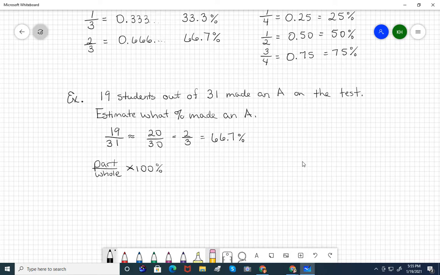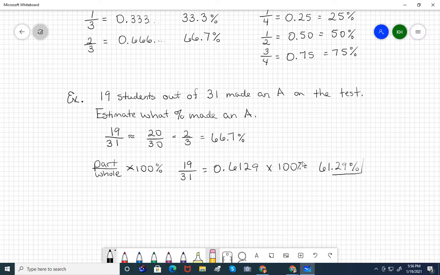So in that case, if I do 19 out of 31 on my calculator, let's see what I get. 19 out of 31 is 0.6129. If I multiply by times 100, I'm going to get 61.29%.